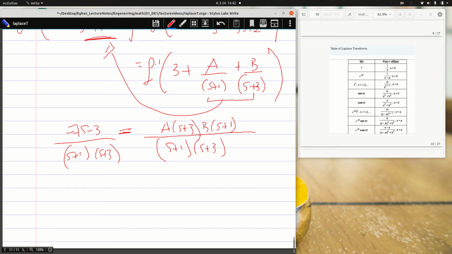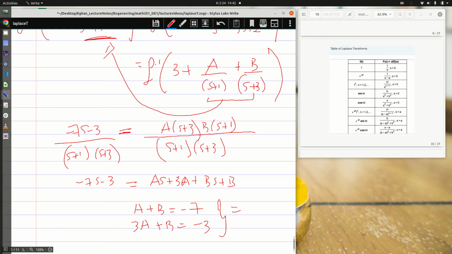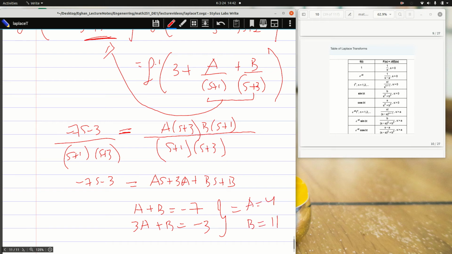If I want to compare coefficients, realize that if I expand as plus 3a plus bs plus b, I'm going to get a plus b equated to negative 7, and then 3a plus b equated to negative 3. If you solve these variables, you should get a to be 4 and then b should give you negative 11. You can check that. Negative 11 plus 4 gives you negative 7. This is what you're supposed to get.